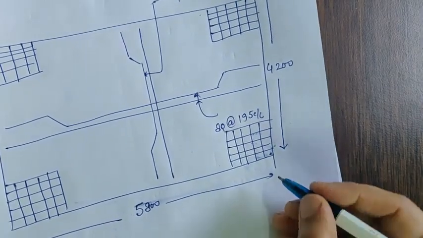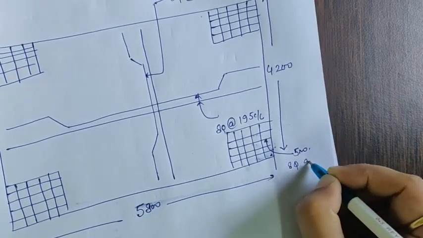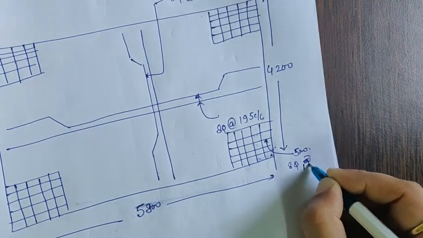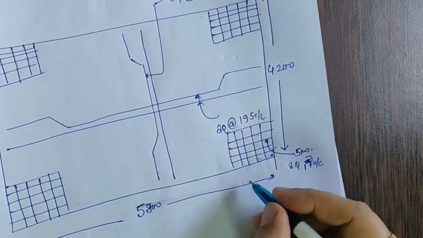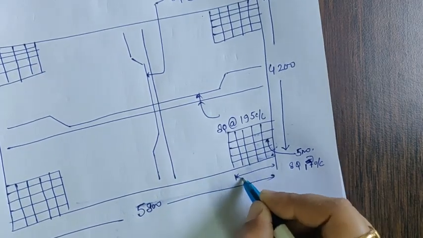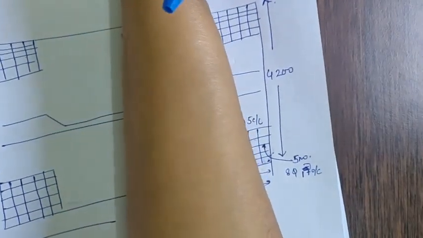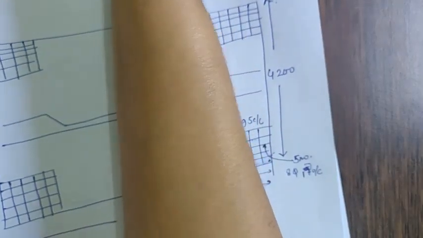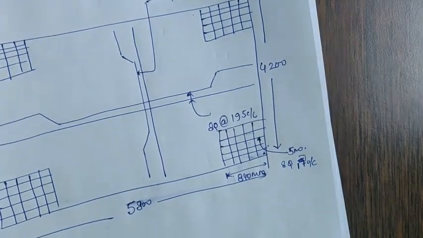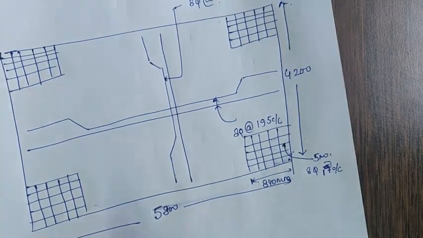Okay, so we'll write down these are 5 number 8 dia at 170 center to center in order to cover the distance of Lx by 5. So Lx by 5 was coming out to be 840 millimeters. Is it okay? Clear?